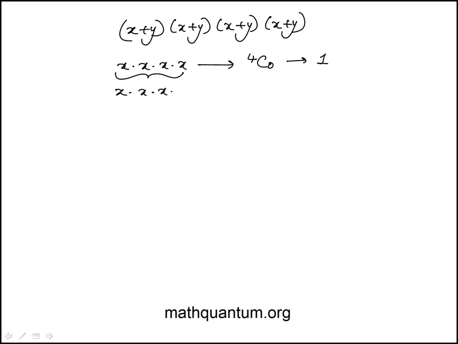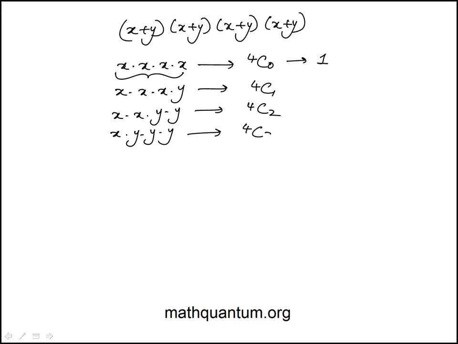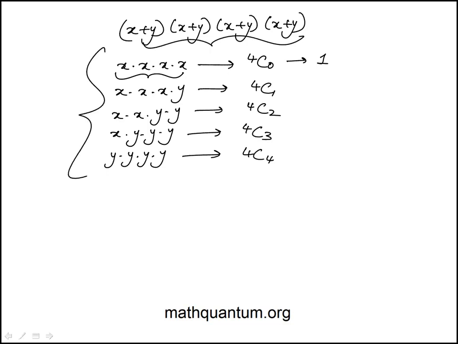Next we have 3 x's, 1 y, so that's 4C1. And then 2 x's and 2 y's, that's 4C2. And then 1 x, 3 y's, that's 4C3. And finally all y's. And you will see that we have 5 of these, again 1 more than the power here, as we observed earlier.